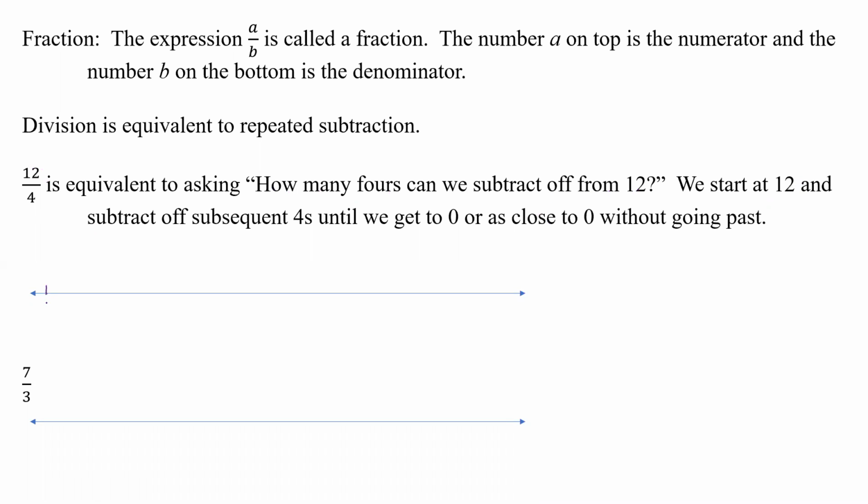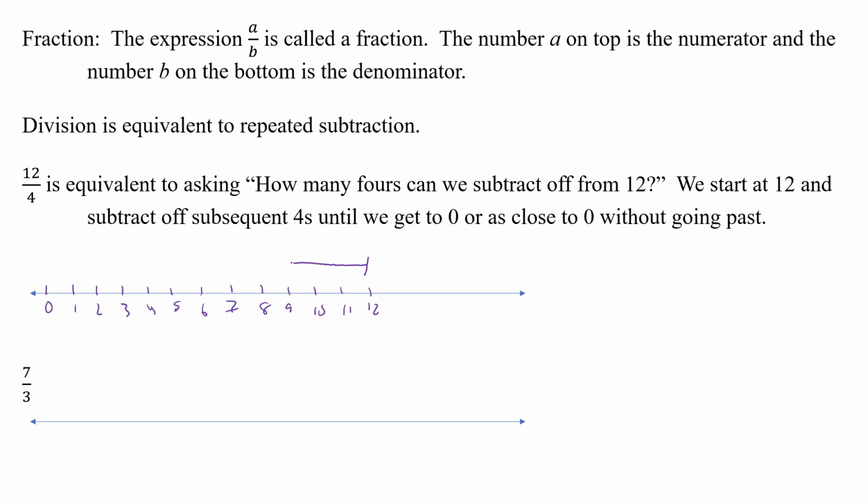So what we're going to have to do is mark on our number line 0, 1, 2, 3, 4, 5, 6, 7, 8, 9, 10, 11, 12. Now, instead of starting at 0 and adding, we're going to start here because that's what we're dividing into. And we want to subtract off 4.